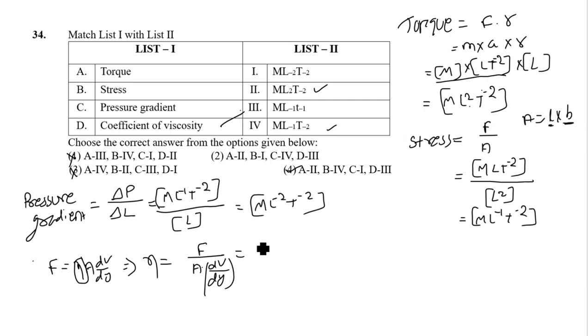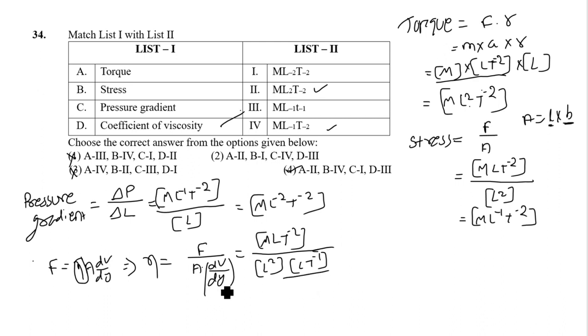Dimension. So the force dimension is M1 L1 T minus 2, divided by the area, which is L square, and the dV, which is velocity. So simply the velocity dimension is L T minus 1.